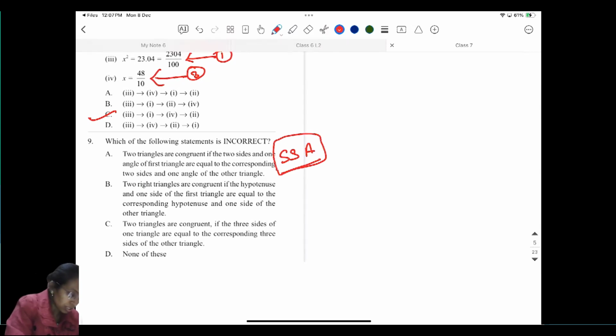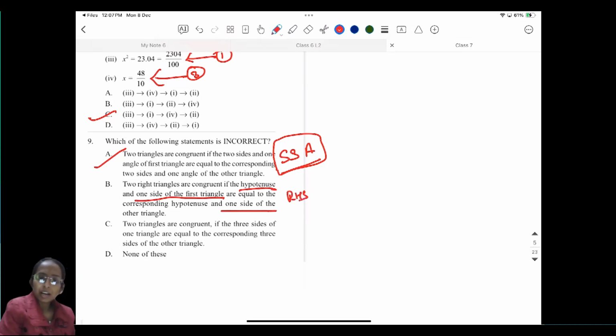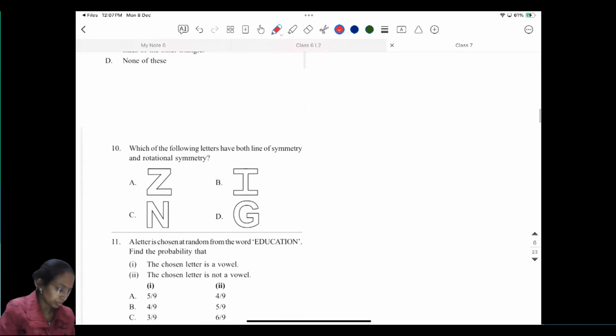So this is the incorrect one. The rest are correct. Two triangles are congruent if the hypotenuse, one side and the first angle is corresponding. First angle, that is the right angle. So this is a right angle hypotenuse RHS congruency. So this is true. Two triangles are congruent if three sides of one triangle is equal to the other. So SSS congruency is also true. That means the incorrect one is the first one.